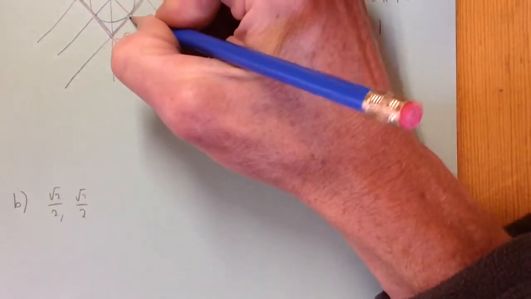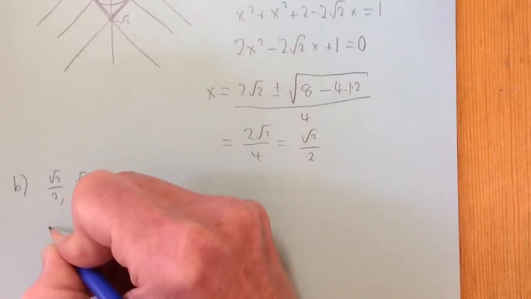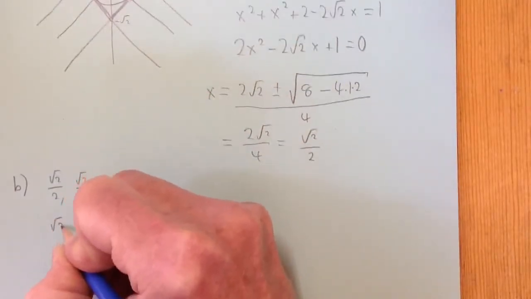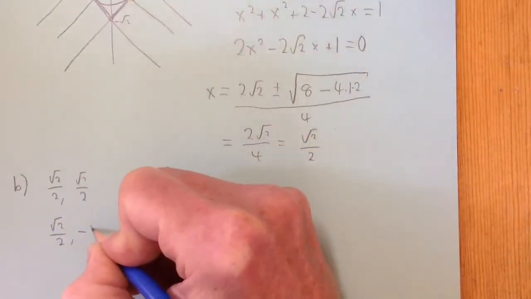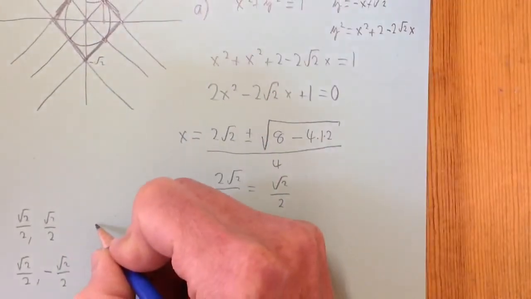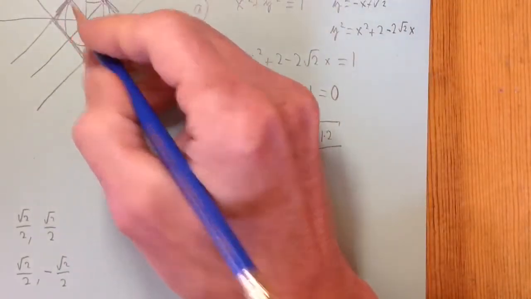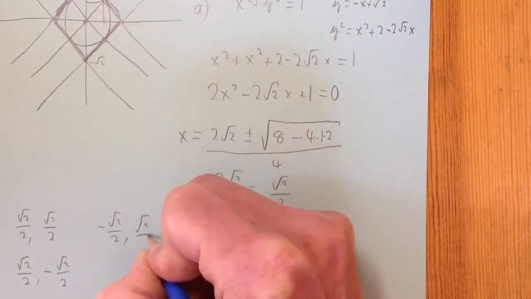This one down here is going to be the same thing, but now the y is negative. So that one is going to be, let's see, x is still root 2 over 2. The other one is negative. Y is negative root 2 over 2. You get the idea. The other point, this one over here, now the x is negative. So negative root 2 over 2, root 2 over 2.